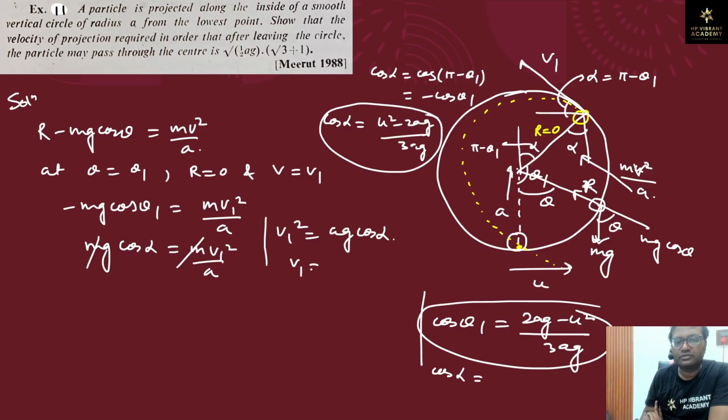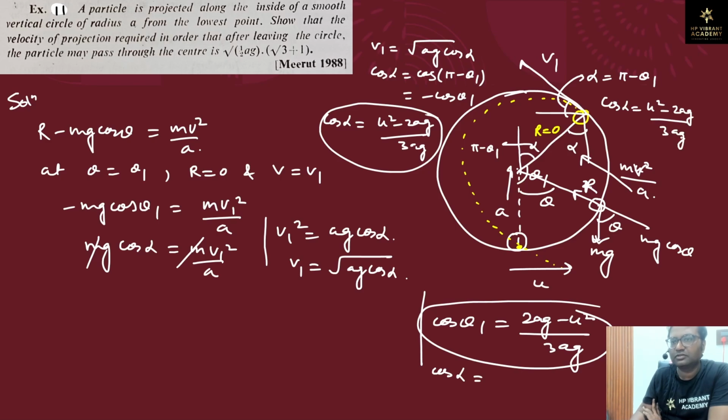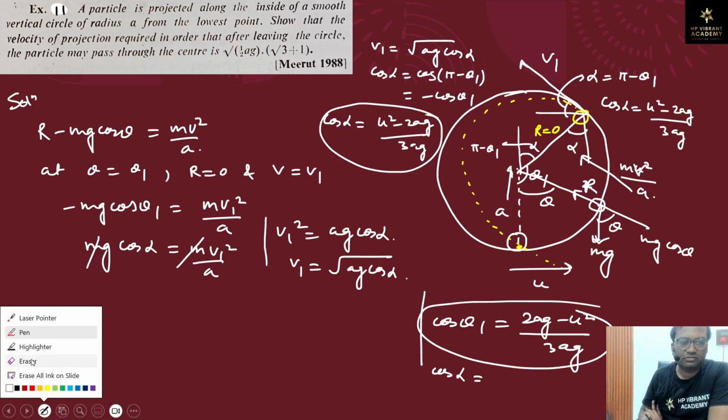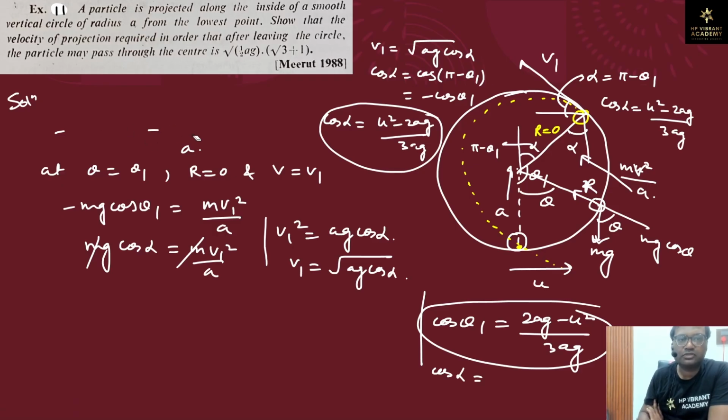So v1 is equal to root under ag cos alpha, and cos alpha is equal to (u square minus 2ag) upon 3ag. So now let us write down the equation of trajectory.